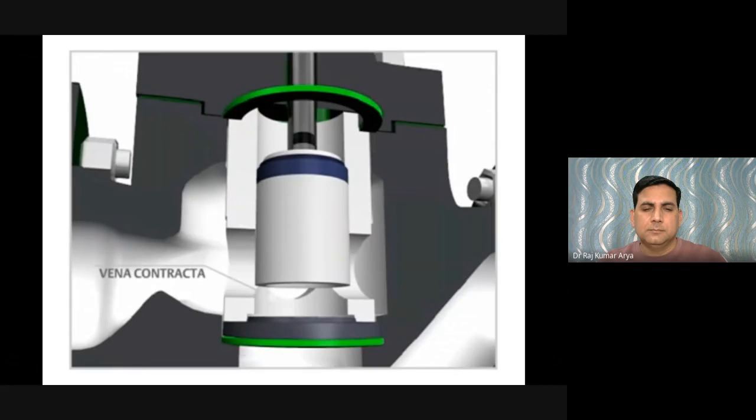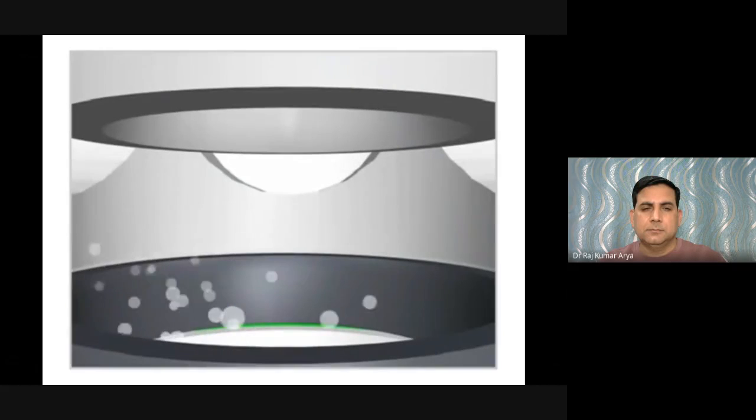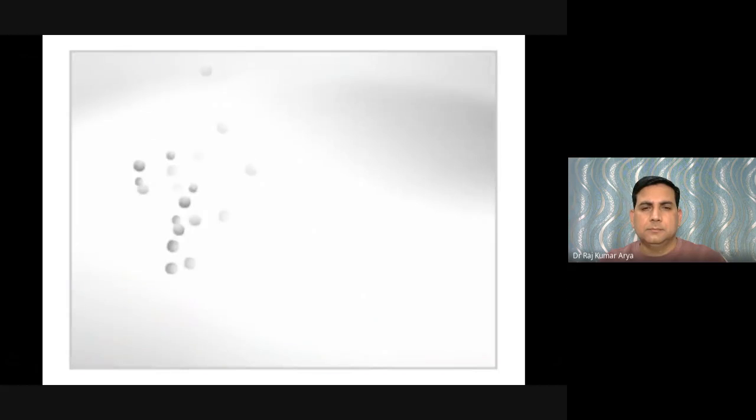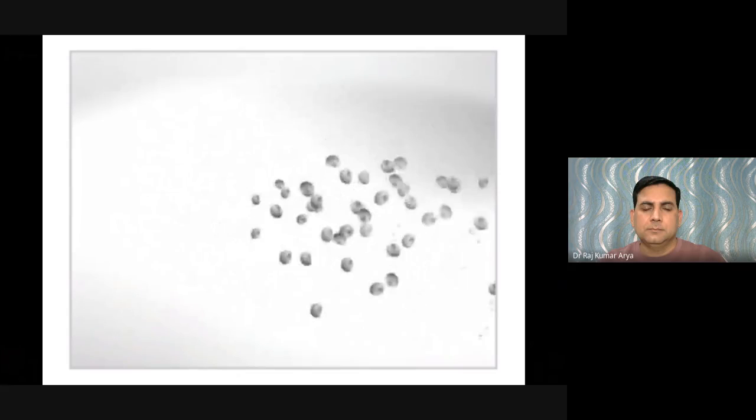Vapor bubbles form in the liquid when the pressure falls to near the level of the liquid's vapor pressure. When the pressure recovers downstream, the vapor bubbles implode and return to liquid form. After the initial bubble formation and collapse, the bubble may reform and collapse a second time.